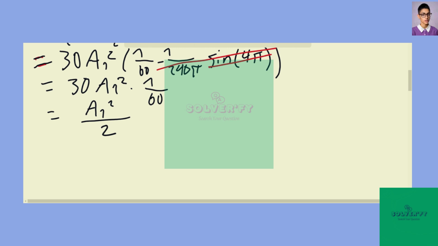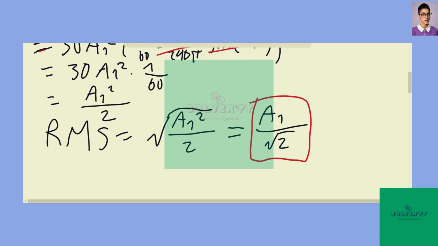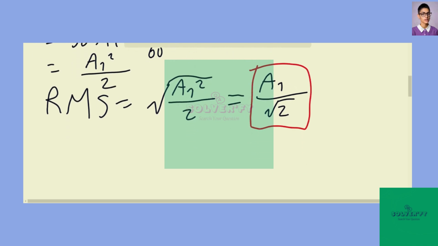But remember, RMS is the square root of that, so our RMS is going to be the square root of a1 squared over 2, which is a1 over square root of 2. So that's helpful, but of course for the final answer, we can't just have a1, some random variable. a1 is 155, so the final answer for a is 155 over square root of 2. That's the final answer.